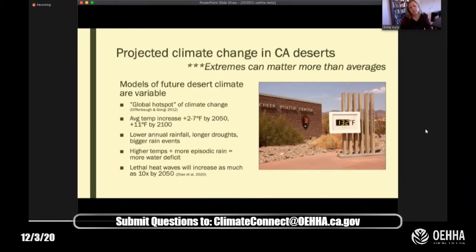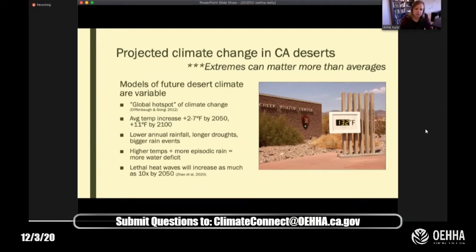And perhaps an even more alarming trend is the increase in heat waves. In the Zhao 2020 study, heat waves are defined as 3 or more days exceeding the 90th percentile of daily maximum temperatures. Lethal heat waves are expected to increase by 10 times by 2050. So that's just 30 years, and this is in California deserts.